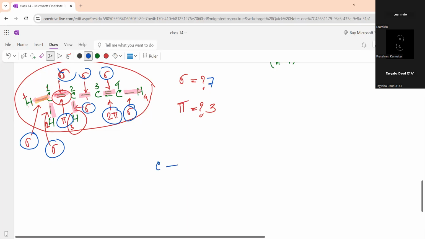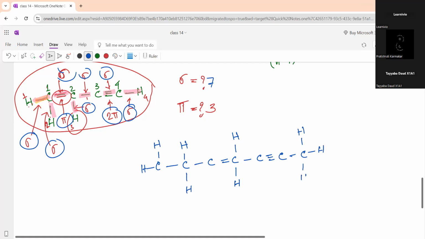So let's do this. First thing I ask you is to check if the valency of all the carbons is fulfilled.